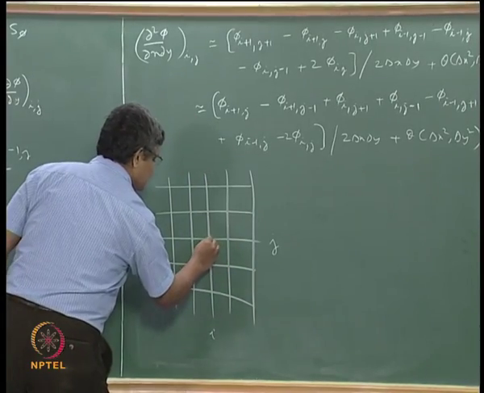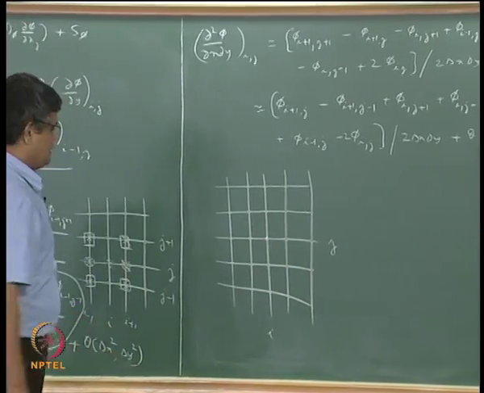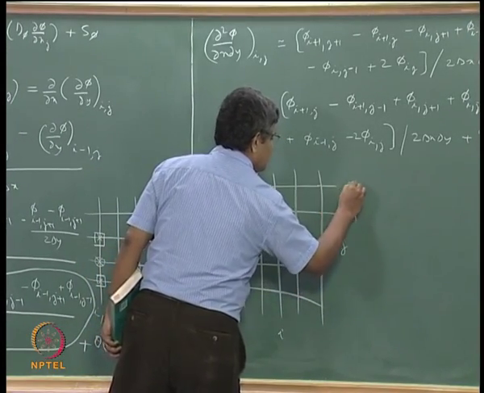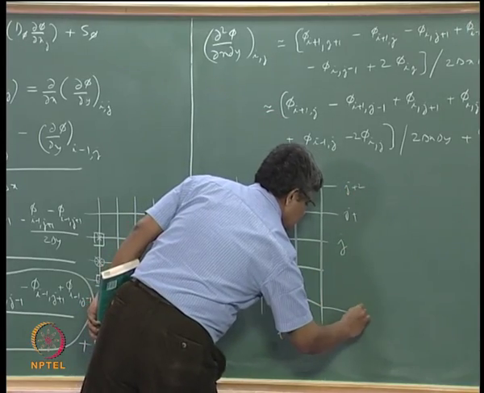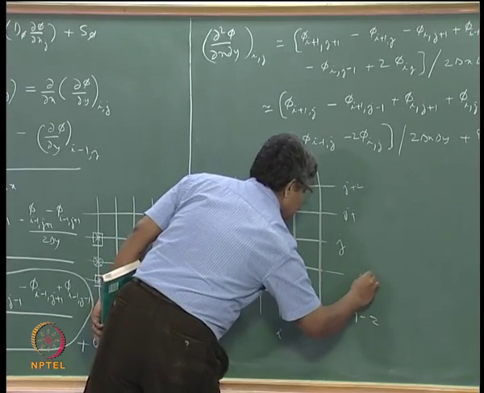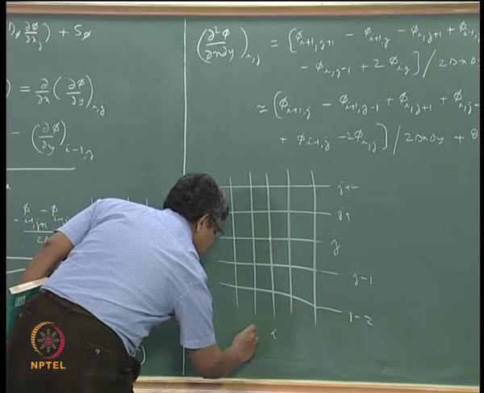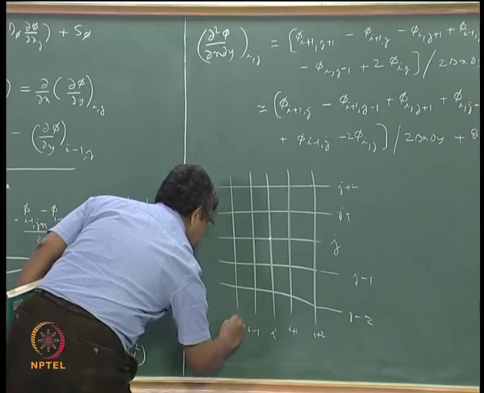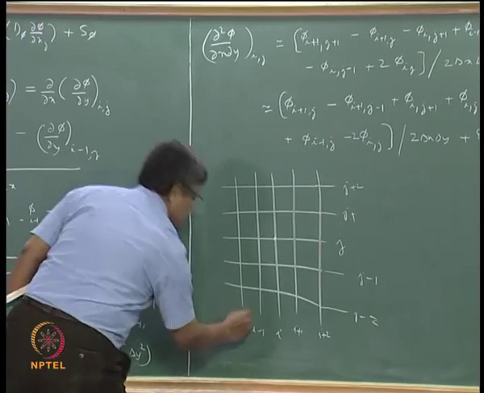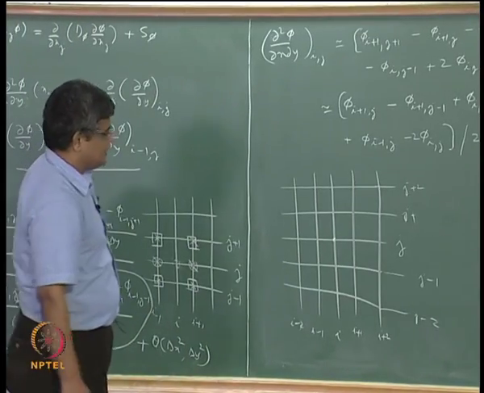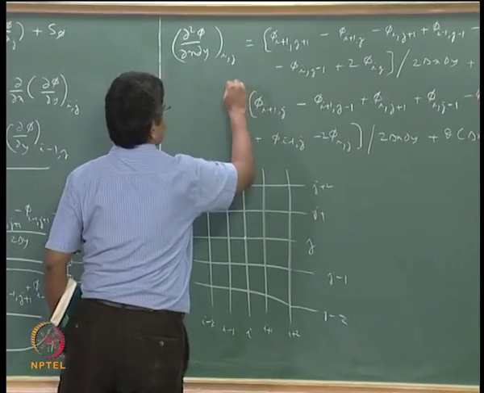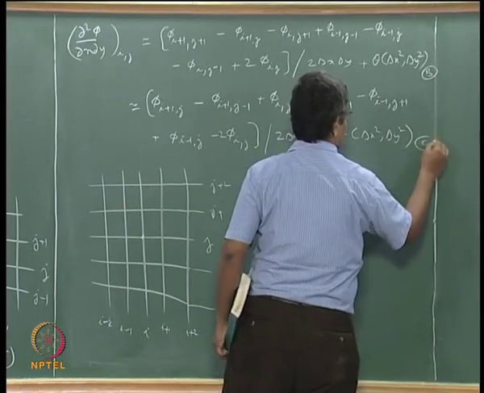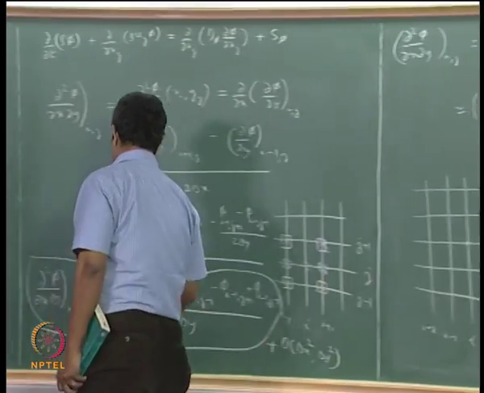So we are looking at this particular point here, and so this is j plus 1, j plus 2, j minus 2, j minus 1, and this is i minus 1, i plus 1, i plus 2, and i minus 1, i minus 2. In such a case, let us call the formulas formula A, formula B and formula C.